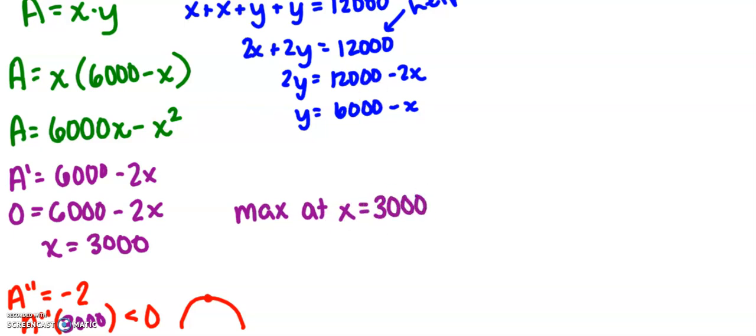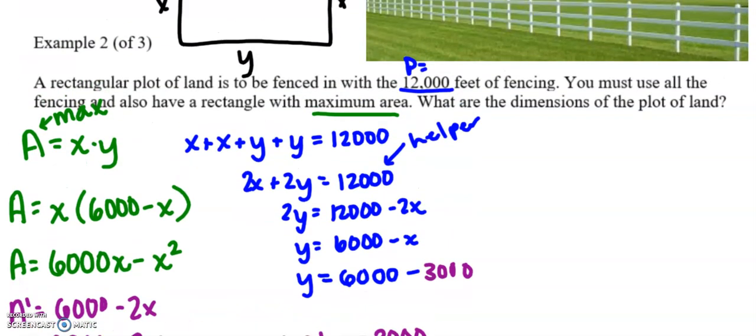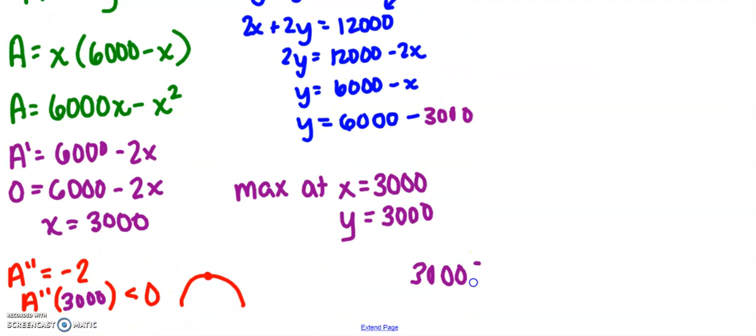I'm going to use my helper to figure out what my y value should be, because it said I needed to find the full dimensions of this plot of land. So my y value is also 3,000. So my dimensions will be 3,000, was this feet? Yes, 3,000 feet by 3,000 feet for my plot of land.